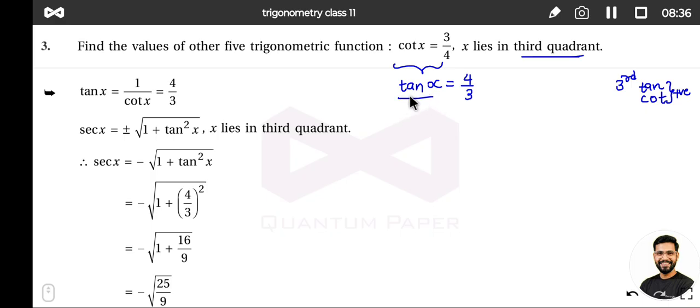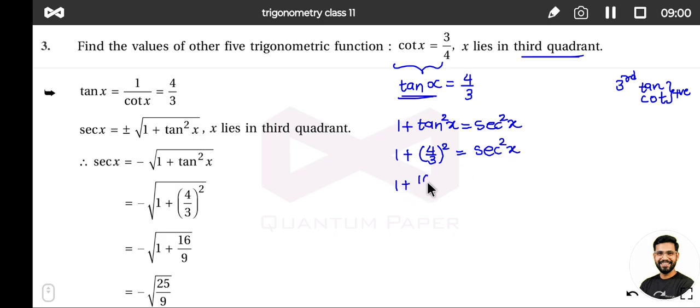So we have the tan x. So we'll use the identity which has tan x. The identity we have is 1 plus tan² x is equal to sec² x. So if we substitute the value of tan, 1 plus (4/3) squared is equal to sec² x. So 1 plus 16 upon 9 is equal to sec² x.